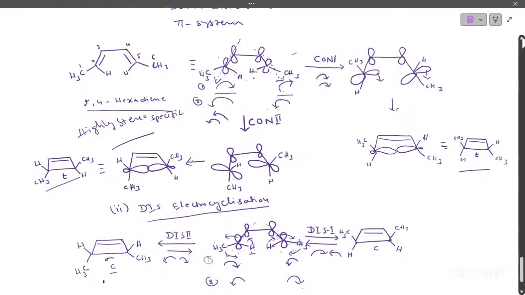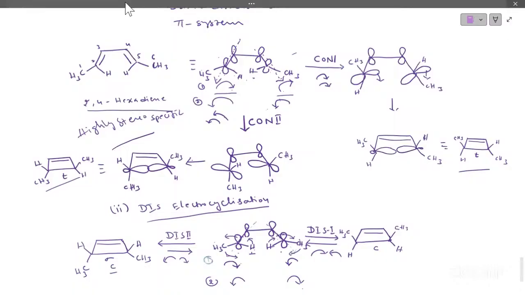Therefore, electrocyclization reactions show two stereochemical modes. One is conrotatory electrocyclization, the second one is disrotatory electrocyclization. The stereochemistry of the products obtained in the conrotatory electrocyclization is different from the products obtained in the disrotatory electrocyclization reaction.